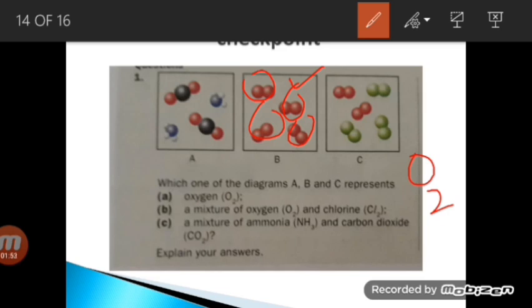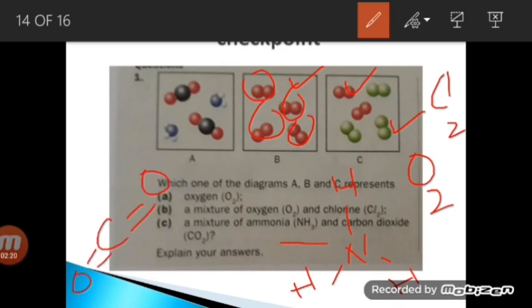A mixture of oxygen, O2, and chlorine. We know that chlorine is a greenish gas, so here you can see Cl2, again a diatomic molecule. So these green molecules are chlorine, whereas this red one is oxygen. A mixture of ammonia and carbon dioxide. Ammonia will have a geometry like this, whereas carbon dioxide has a linear geometry or structure.